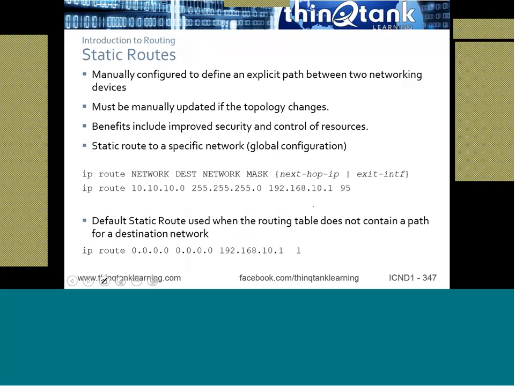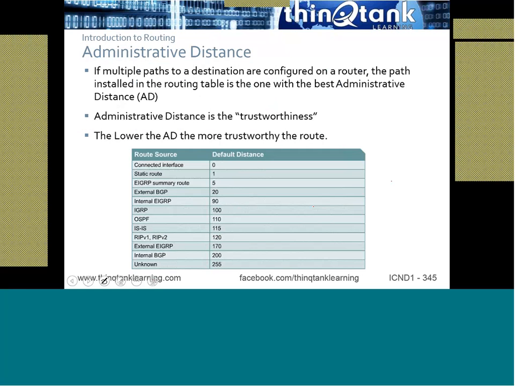Now, we can do things like static routes. Static routes are interesting because when you define static routes, you as an administrator are telling the router how to reach a destination. Look at the administrative distance of a static route. It's 1 by default.